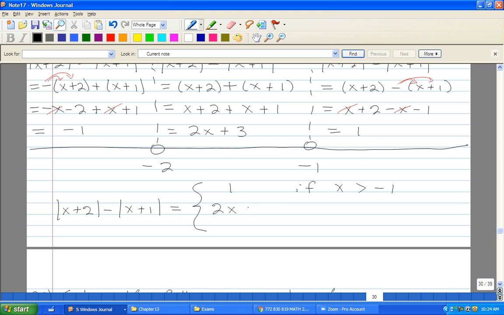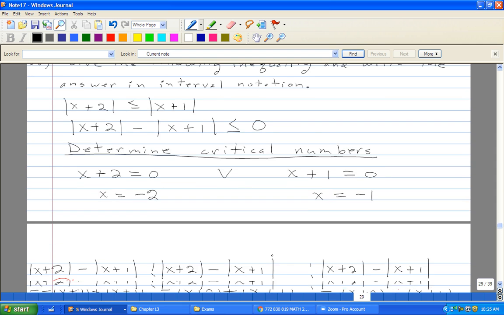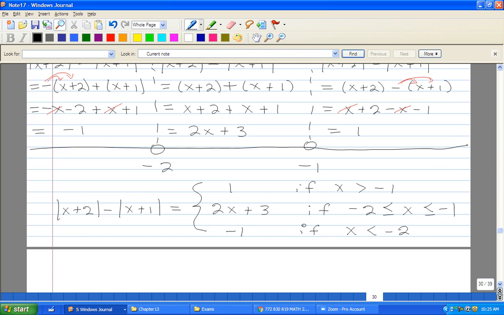It's equal to 2x plus 3 if x is between negative 2 and negative 1. And it's equal to negative 1 if x is less than negative 2. Okay. And I want that this inequality is less than or equal to 0.